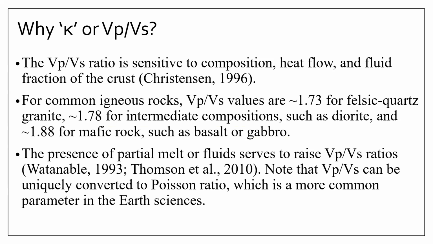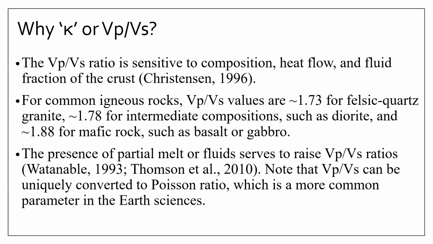For common igneous rocks, the Vp/Vs values are around 1.73 for felsic rocks such as granite, 1.78 for intermediate compositions such as diorite, and 1.88 for mafic rocks such as basalt or gabbro.